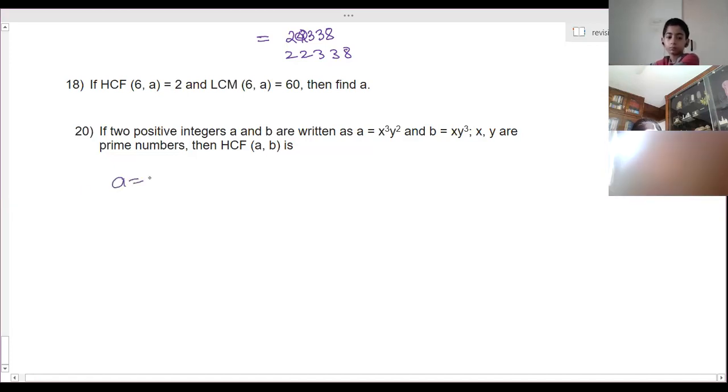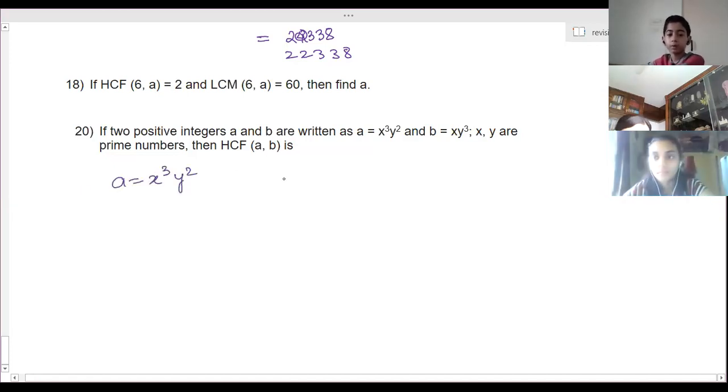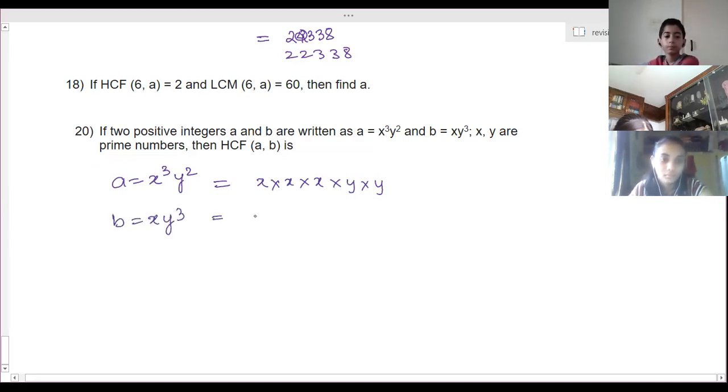So a is x cube into y square, which means x into x into x into y into y, and b is x y cube, that is x into y into y into y.